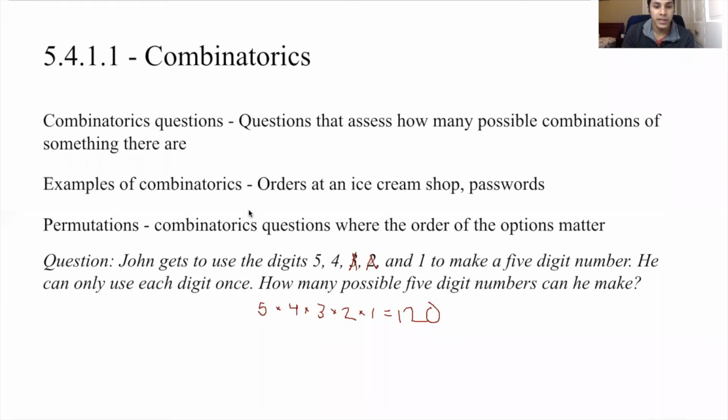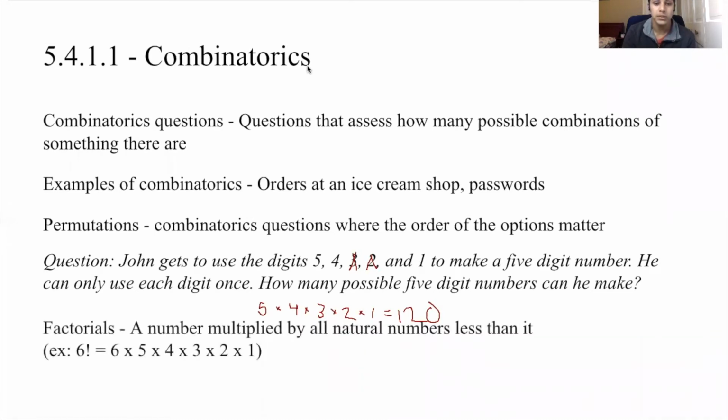What we just did is called using factorials. This is really important that you know what this means because this is going to show up a lot in the combinatorics section. A factorial is a number multiplied by all natural numbers less than it. The way that we write factorials is with an exclamation point. So for example, 6 factorial means 6 times 5 times 4 times 3 times 2 times 1.